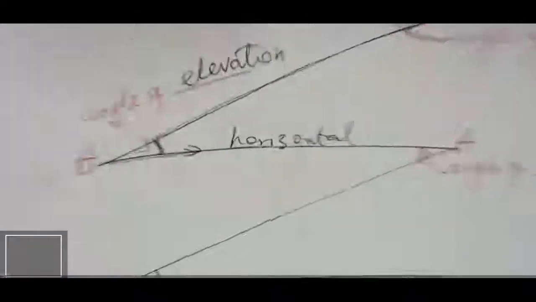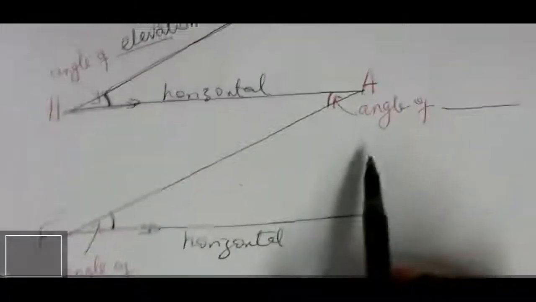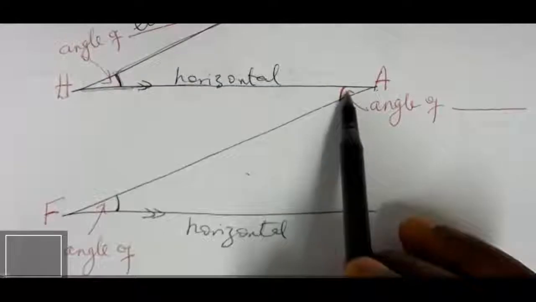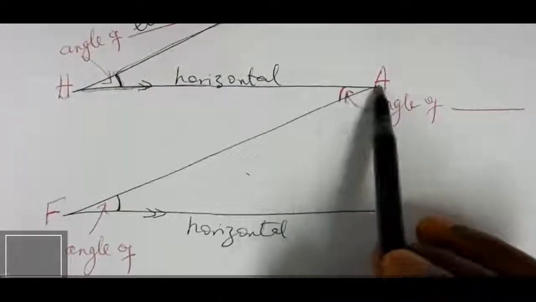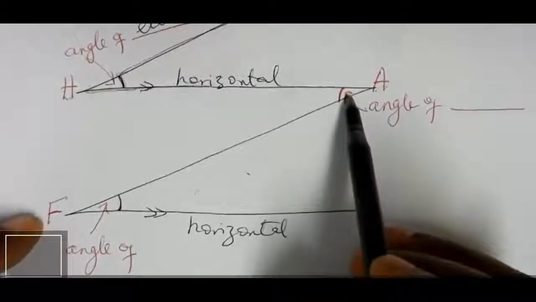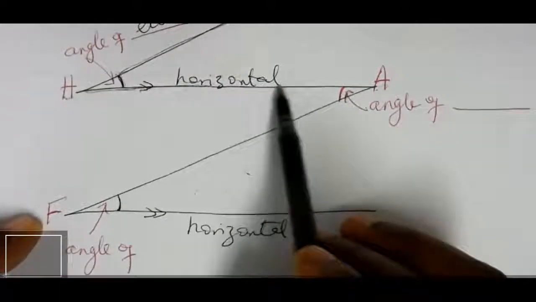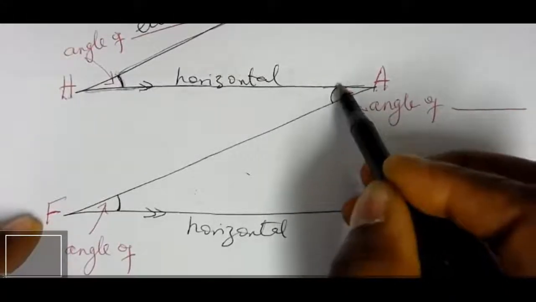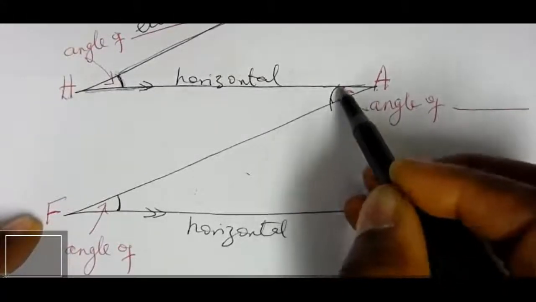Okay, let's do another one. So how about this? And that's the horizontal line. What type of angle is this? In reference to FA, from the horizontal line, we drew our pencil, went down.